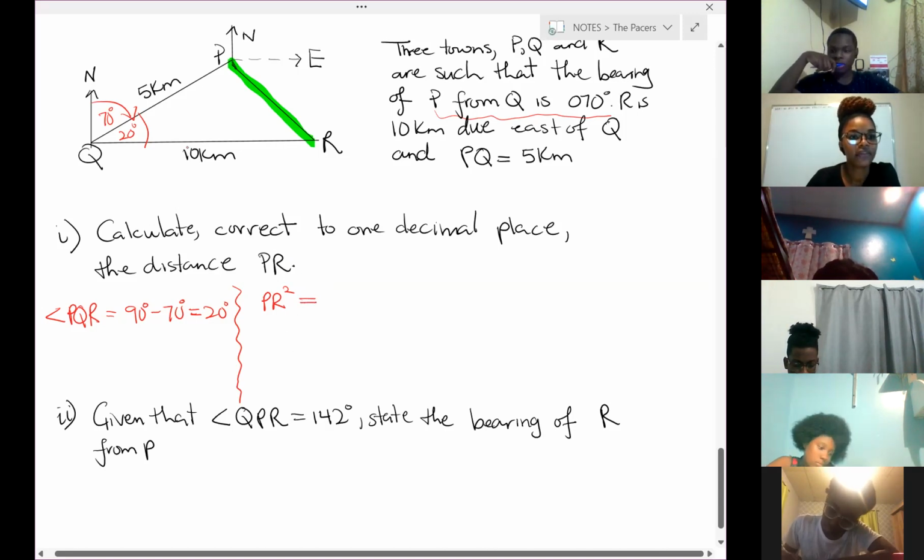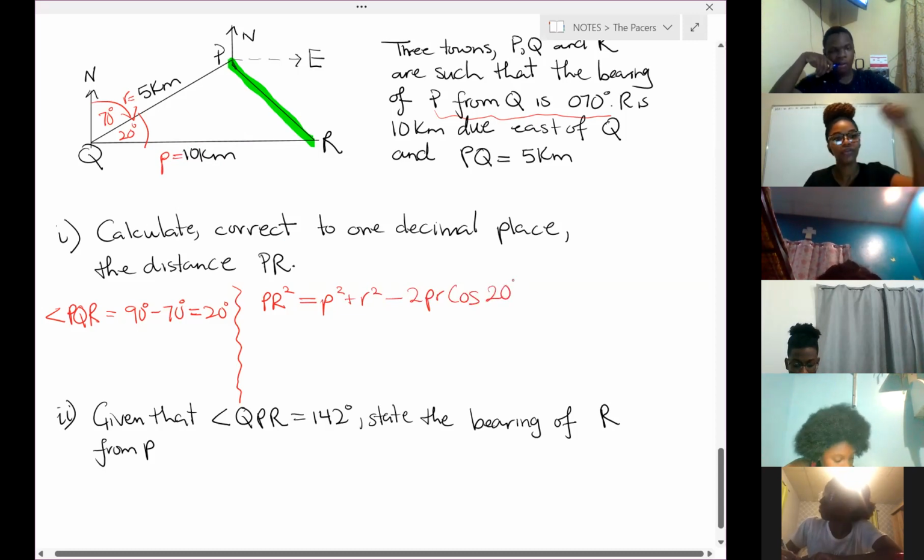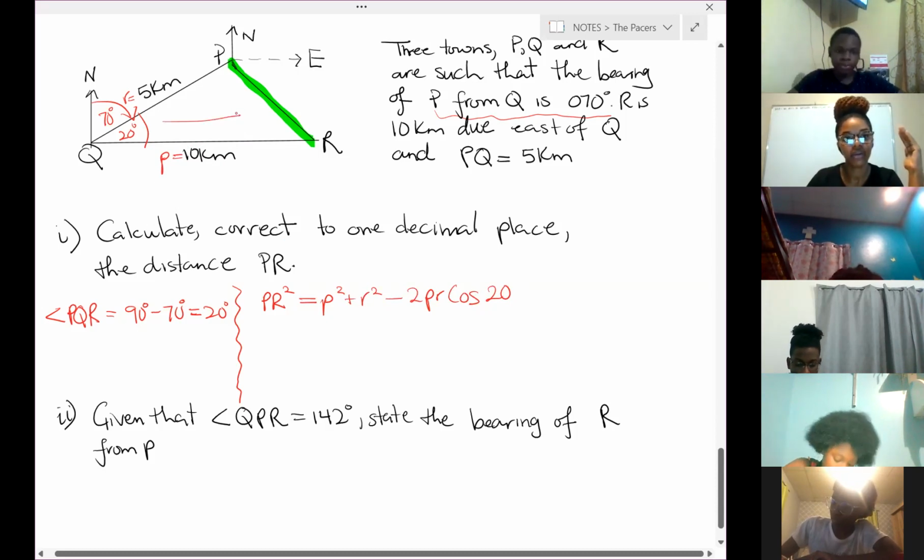I'll call this small p and this small r. So it will be p squared plus r squared minus 2pr cosine 20, right? So we use the two lines and the 20 in between to find the opposite line, which is PR.